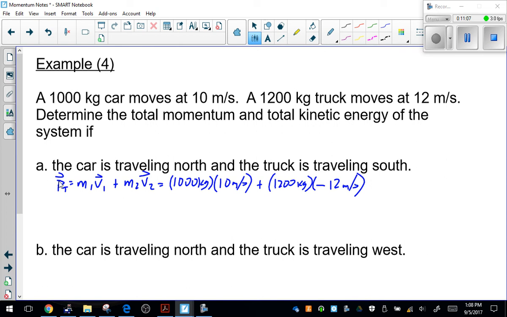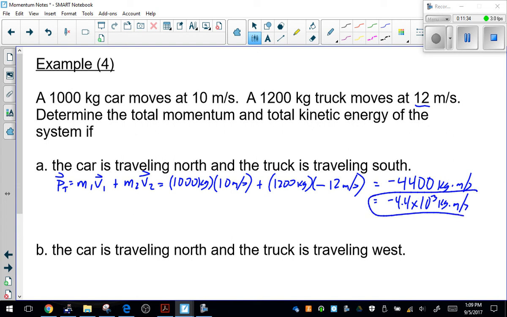So what do I got? 1,000 times 10 is 10,000. 1,200 times 12 is 14,400. So it's going to give me, I believe, negative 4,400, and that would be kilograms meters per second. We should really round that to 2 digits: negative 4.4 times 10 to the 3 kilograms meters per second.